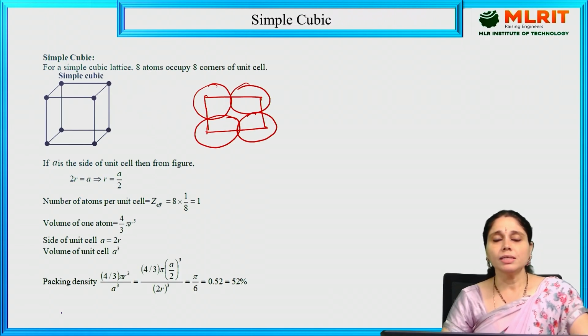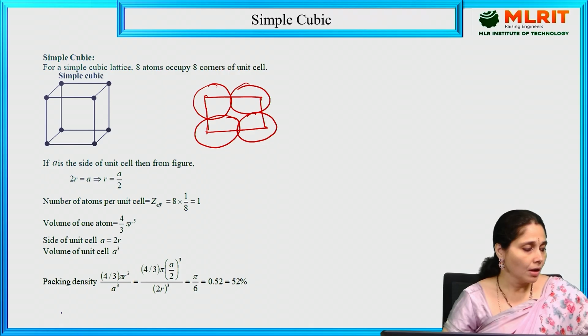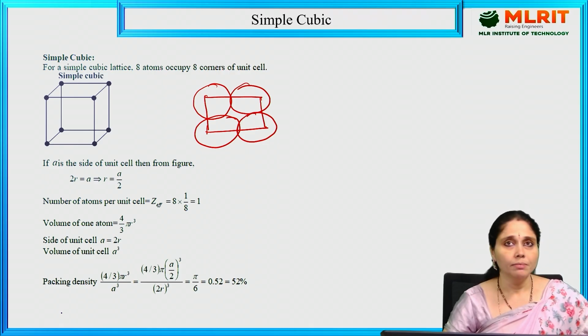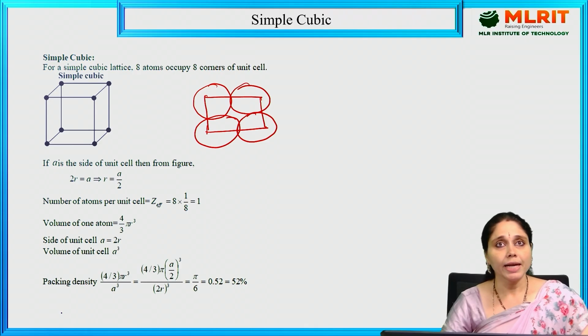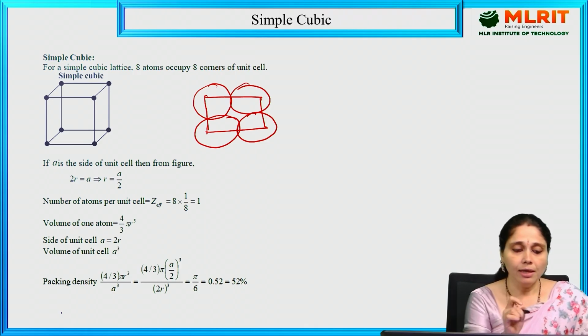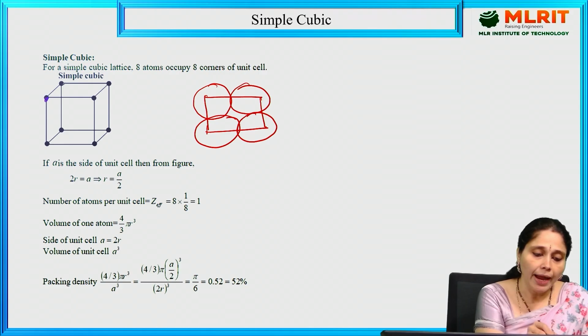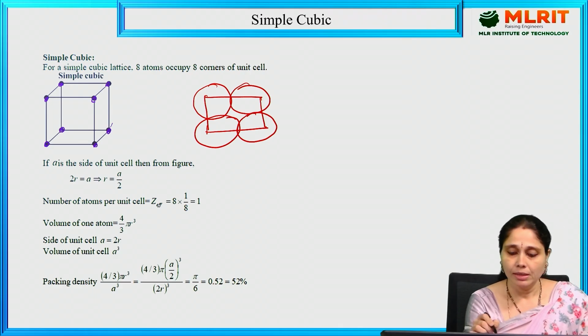Now, simple cubic. So in simple cubic, this is for simple cubic lattice. There are 8 atoms occupying the 8 corners of the unit cell. So see here, 8 atoms occupy 8 corners of the unit cell. Now let us consider the face of a cell.